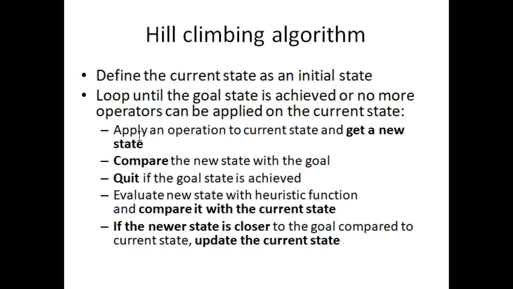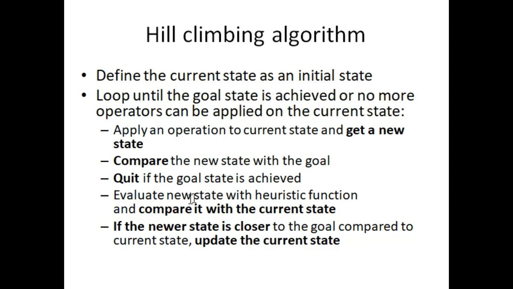Apply an operation to the current state and get a new state. At each current state, we will apply our operators and generate new states. Then we will compare those new states with the goal to check whether it is a goal or not. If we find a goal, we will quit this loop.